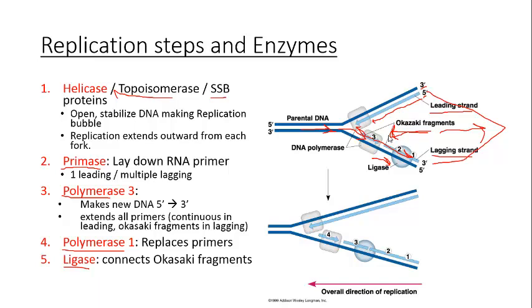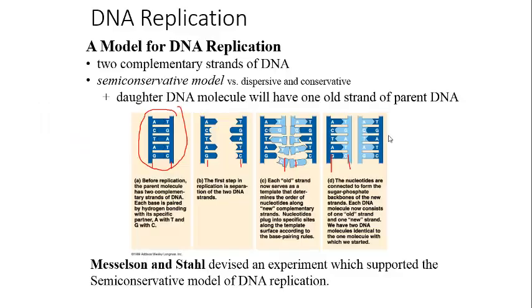If we look at the end result, we see it here on the slide with semi-conservative replication. We had two original parental strands that we call the template strands. They're going to separate. That's the job of helicase. Primase lays down primers. Polymerase 3 extends the primers. It's going to read the template strands, and it's going to lay down all the complementary nucleotides.